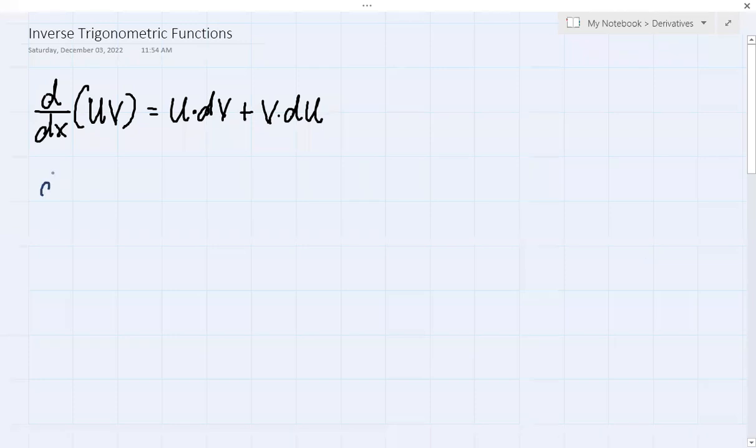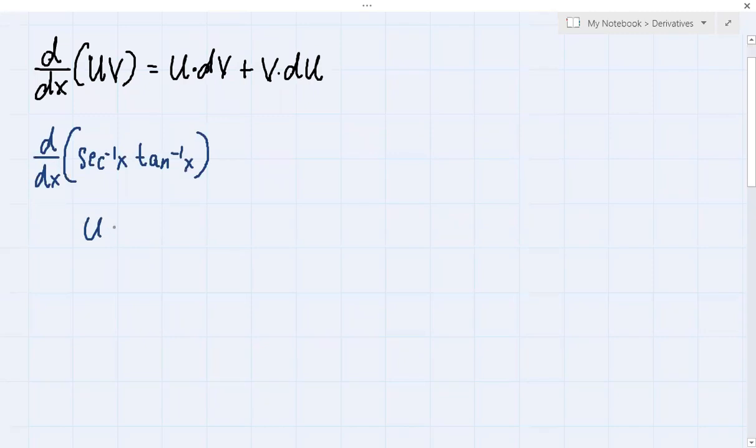Next, we have this problem: the derivative of arc secant times arc tangent. Ayan. So pick which one is your u and which one is your v. So for me, my u is arc secant. Tapos si v, siya si arc tangent. Ngayon, kunin natin yung derivative nilang dalawa.